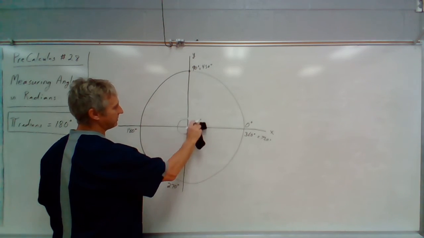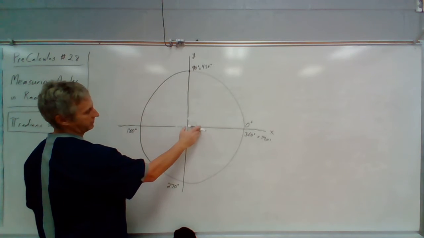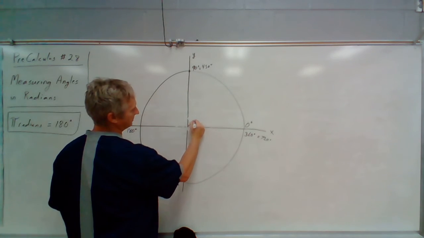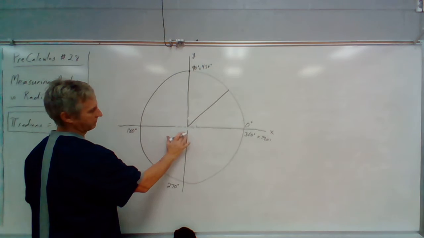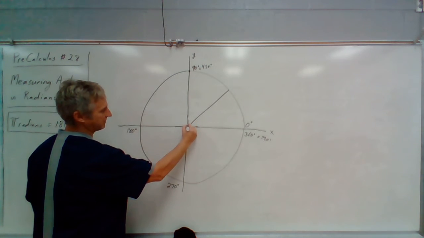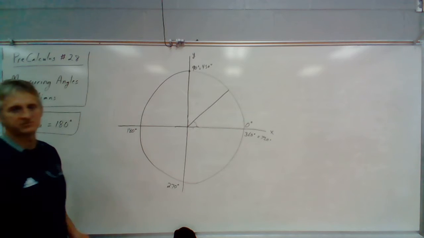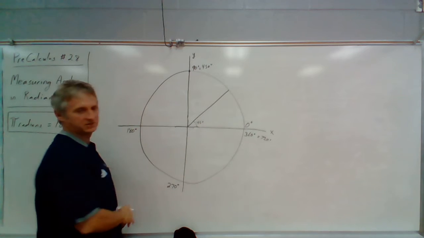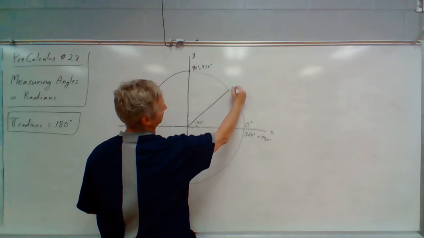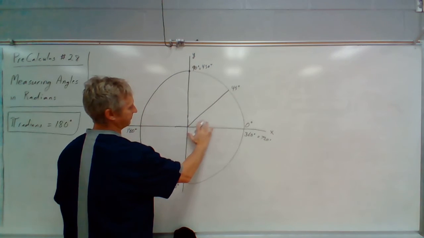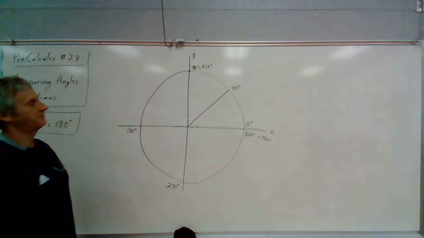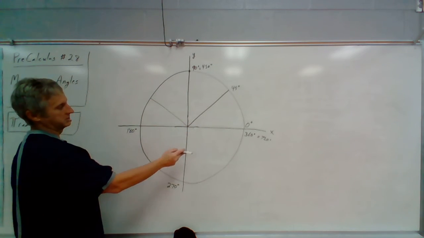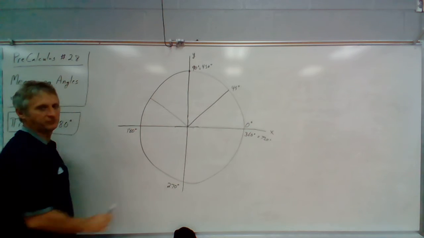All right, what about if we go halfway between this? If I do this angle right here, halfway up to 90, that would be a 45 degree angle. All right, 45. Let's write it out here. What if I go here? I went 90 degrees and then 45 more degrees.